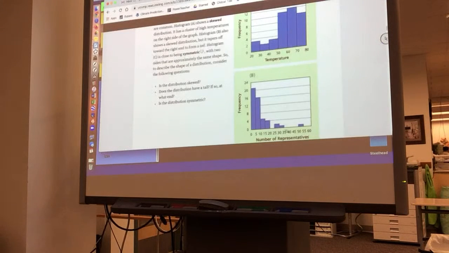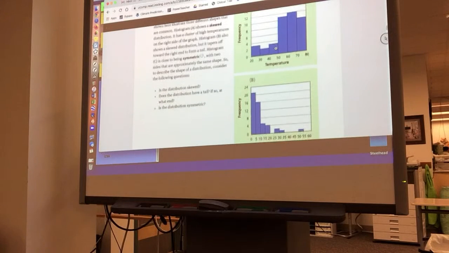The point behind comparing these two is to bring in some of the descriptors for histograms. One of the words that we use is skew or skewed. If we look at, for example, this particular graph, there's a lot of data that shows up out here in the 50, 60, 70 range.